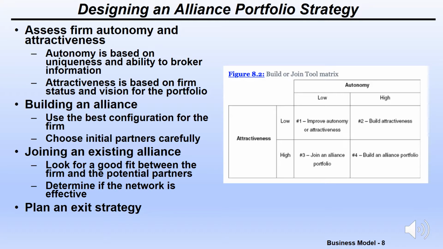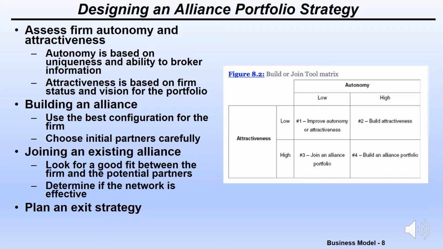The way that the book suggests doing that is based off of an assessment of the company's autonomy and its attractiveness. The autonomy is based on two parts, and that's uniqueness. So how unique is the specific product or service that the firm provides? Are there a lot of competitors? Those are the questions about uniqueness that the book provides.